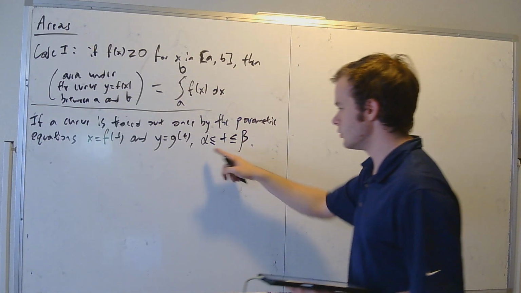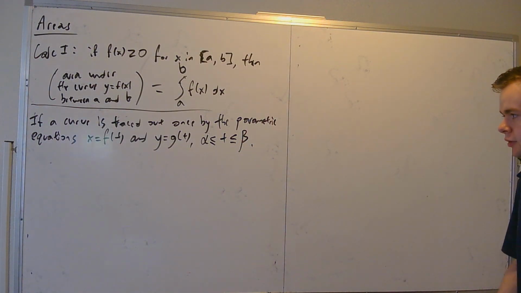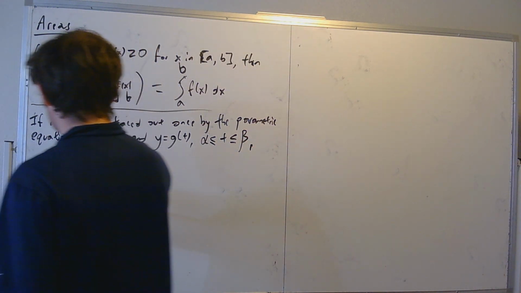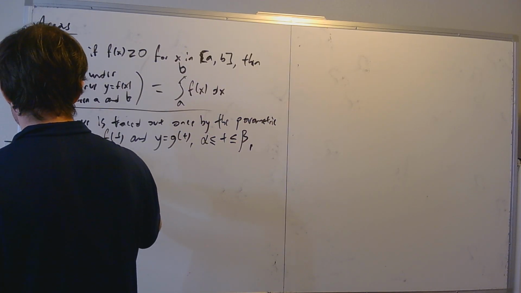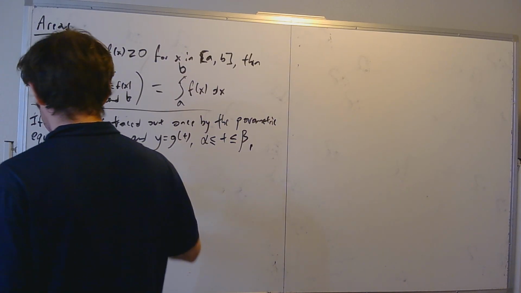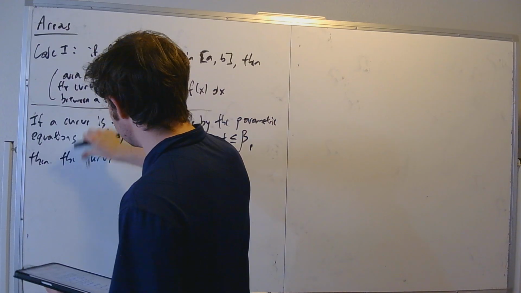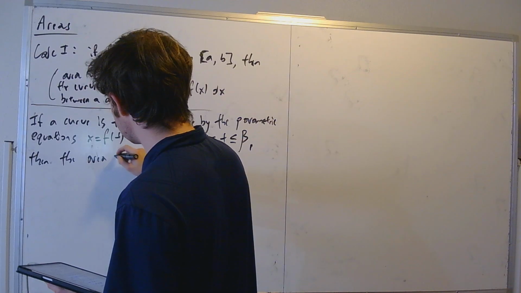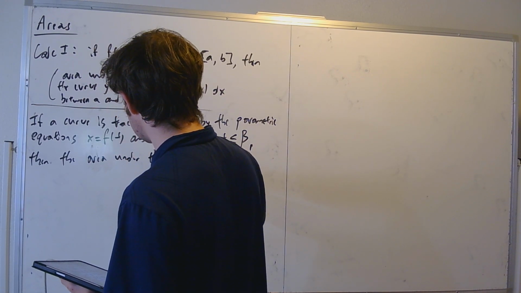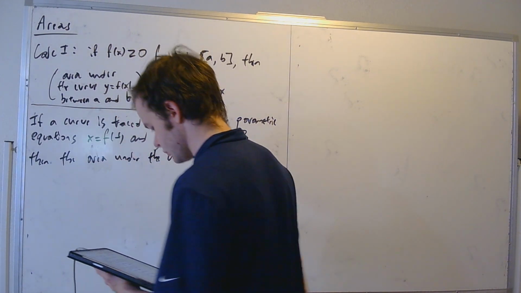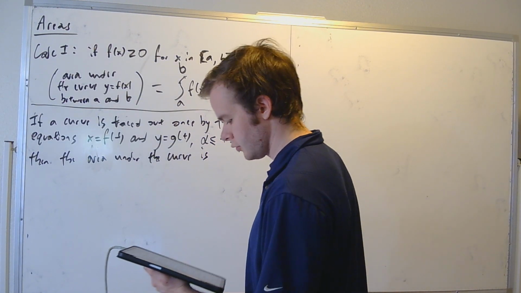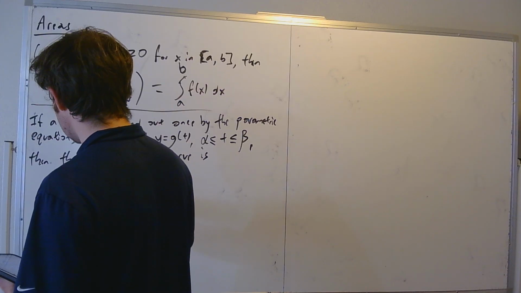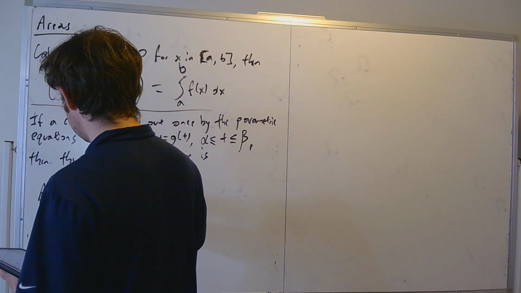So these are just numbers, alpha and beta. I'm just picking numbers alpha and beta that t lies between. Then the area under the curve is, so if we write our integral, our area is the integral from a to b of y dx.